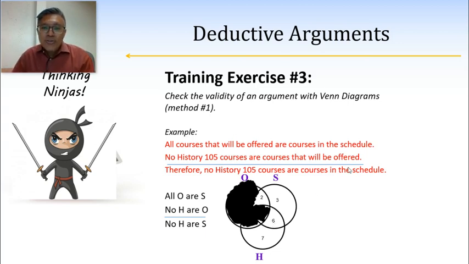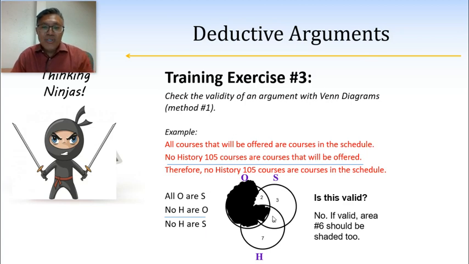But in our drawing of the premises, there's a possibility that 6 still remains, that there could be H's that are S's. So the conclusion in the argument may not be true. There's not enough evidence given to us to show that there are no History 105 courses in the schedule. So it's not a valid argument.